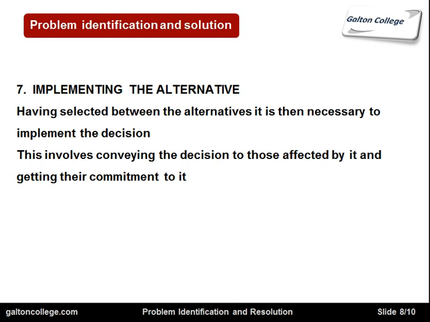If the alternative is not implemented, then of course the whole exercise has been futile. The whole exercise has been a waste of time. The whole idea was to find a solution to the problem and implement it. So if there's no effort to implement, the whole exercise has been a waste of time.